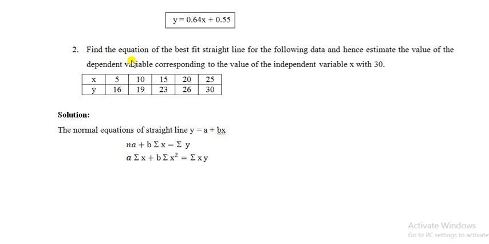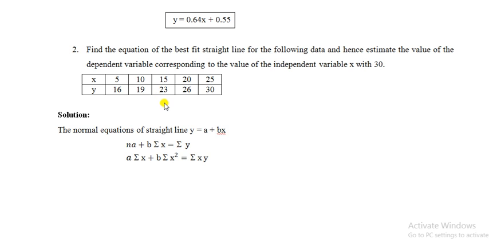Second example: find the equation of best fit straight line for the following data and hence estimate the value of the dependent variable corresponding to the value of the independent variable x equal to 30. They have given the tabular values.